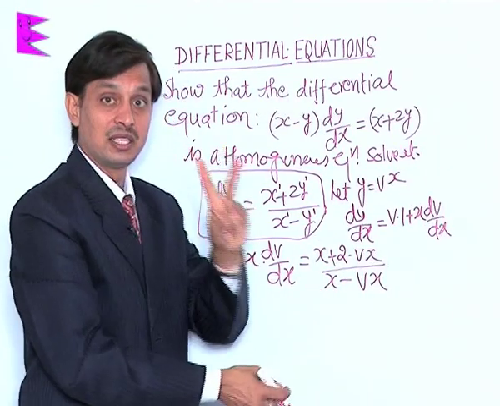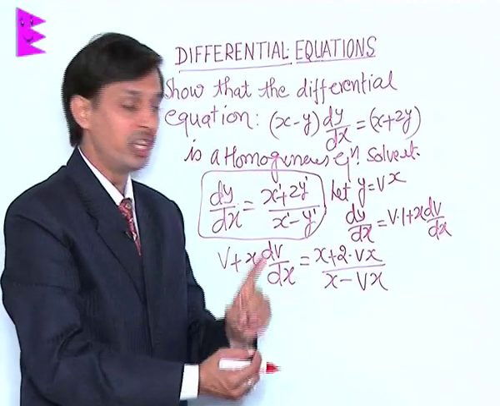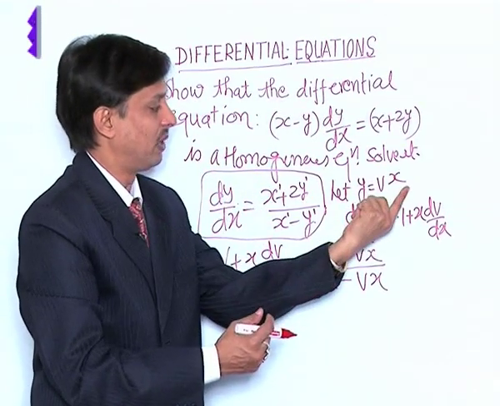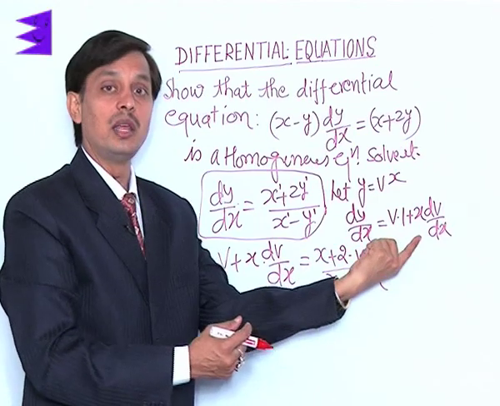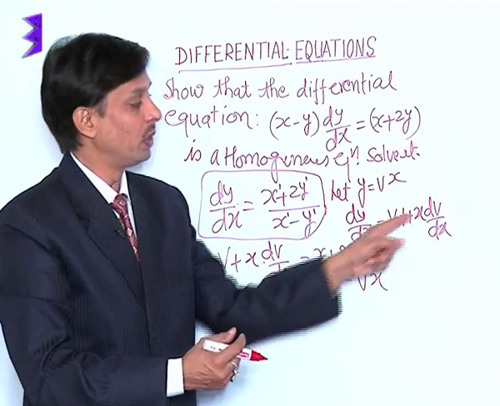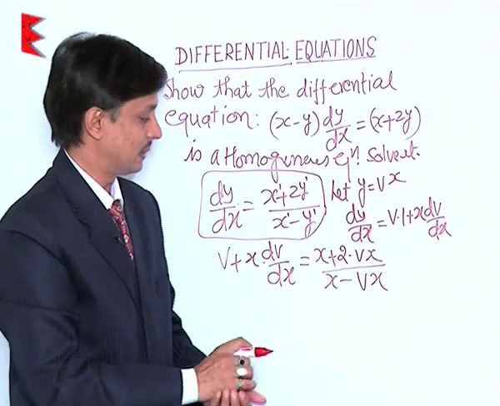So the two major replacements you always need to remember are that y will be replaced by vx and dy by dx will be replaced by v plus x dv upon dx.